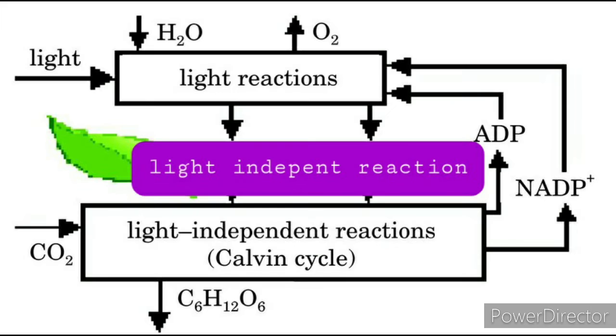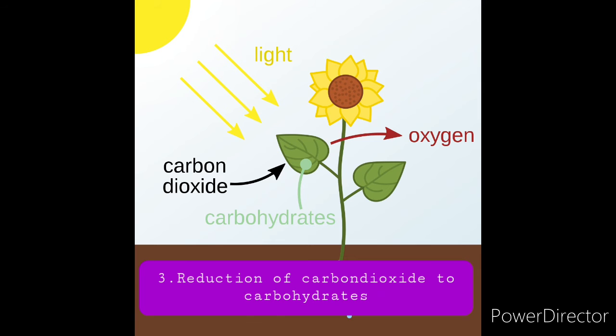Assimilatory power. This is, you see, the light independent reaction. What is the light independent reaction? It doesn't mean that it occurs in the dark. Here, in the light independent reaction, reduction of carbon dioxide takes place. It is reduced to carbohydrate.